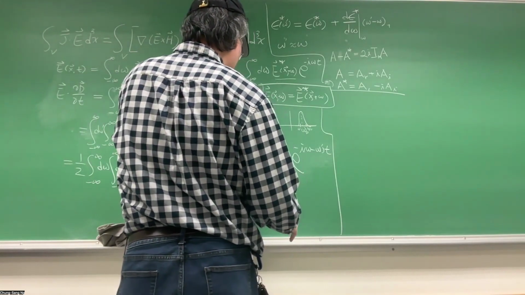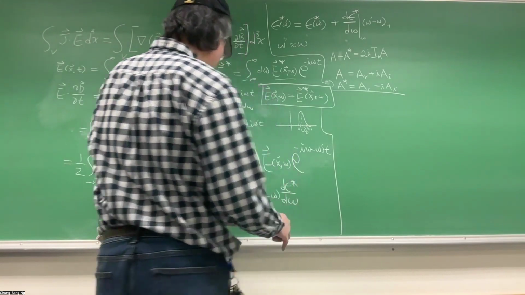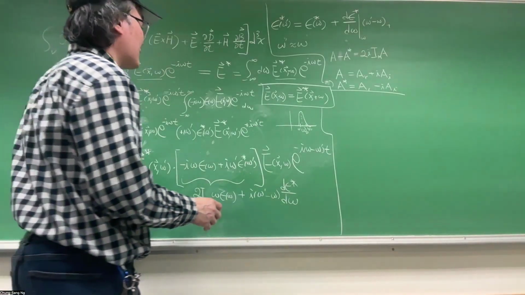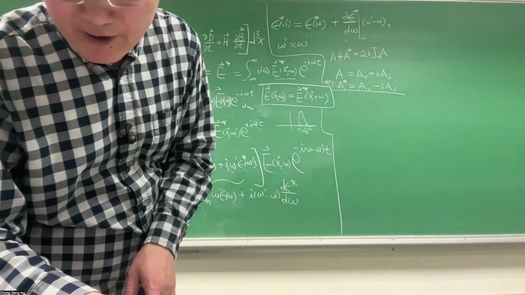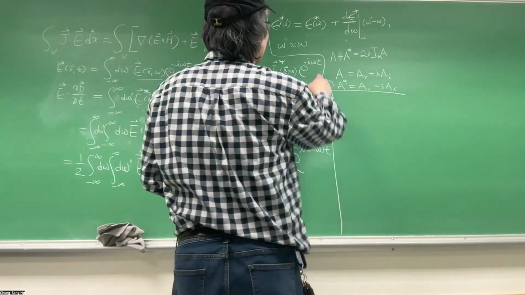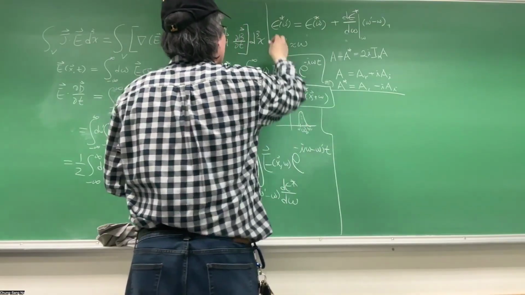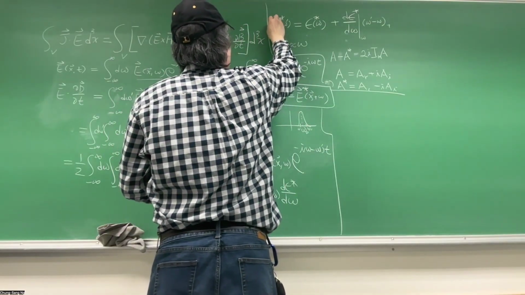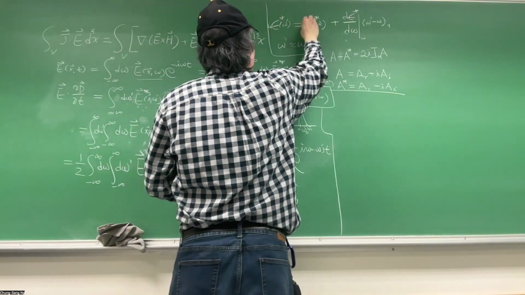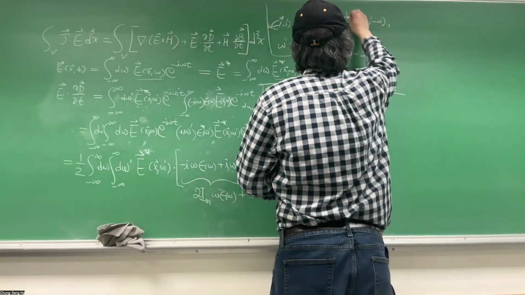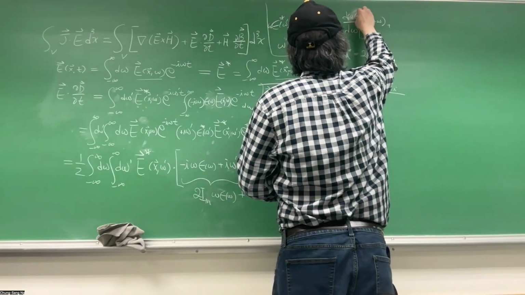Oh, I see what I did. Actually, the Taylor expansion is not just over epsilon. You're basically writing omega, that becomes omega, and this is actually the omega epsilon.